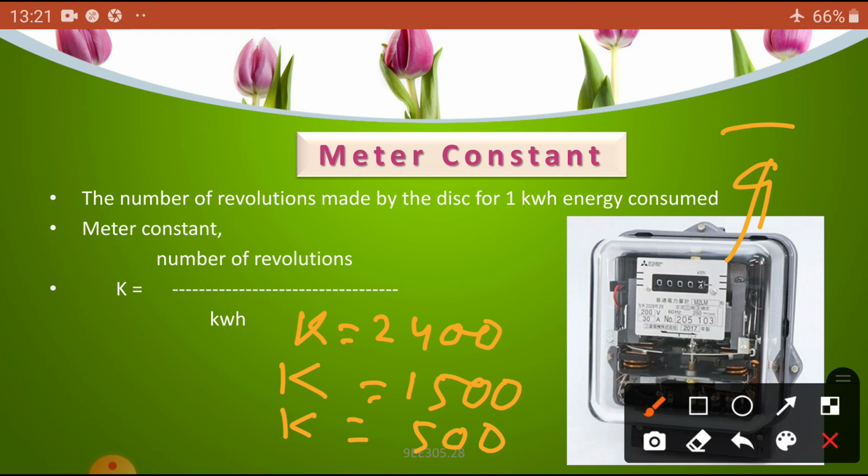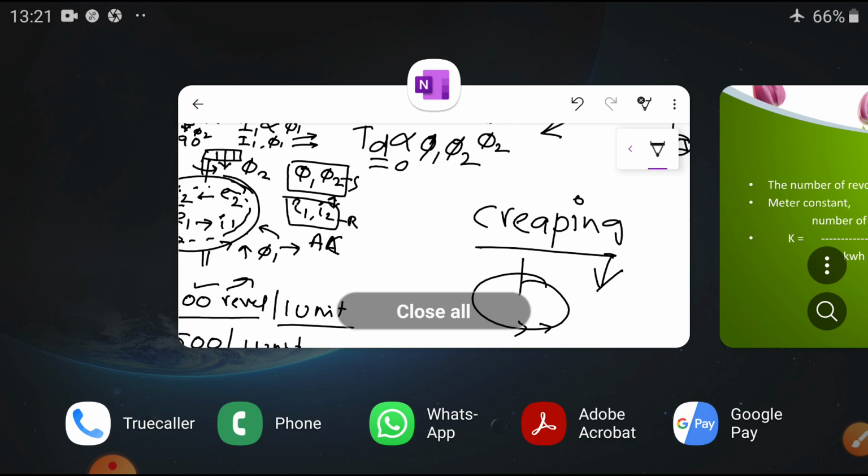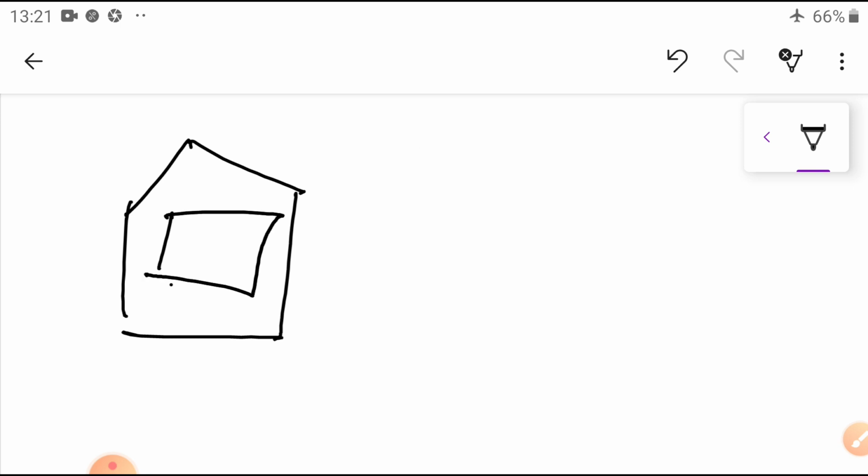So there is a quarrel between myself and my friend. What happened here? For example, I have my house and I placed my energy meter. It is taking the readings and rotating.